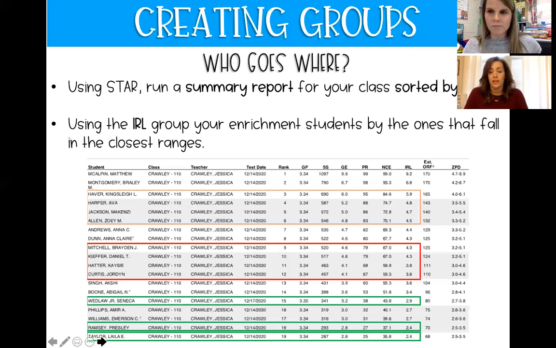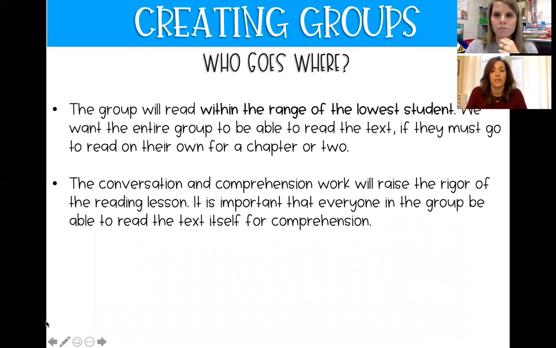One thing that's very important to think about is when you group your students like this, you want to be sure that you are picking a book that's within the range of the lowest student in the group. Because I want those kids to be able to read the text if they have to go read by themselves for a few minutes. Even though some of the kids in the group will be higher than that, the conversation that we have, the comprehension that we do, that's going to be the part that helps them grow as a reader.